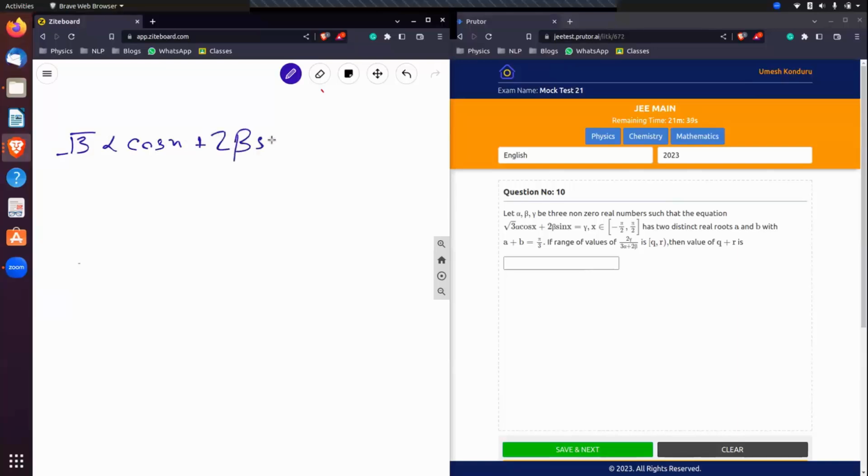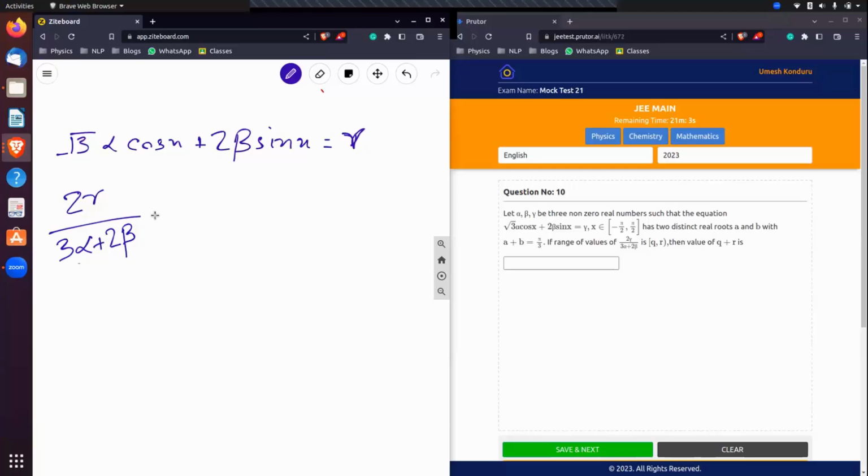Beta sin x equals gamma. And now we want to look at the range of values that 2 gamma by 3 alpha plus 2 beta can take up.